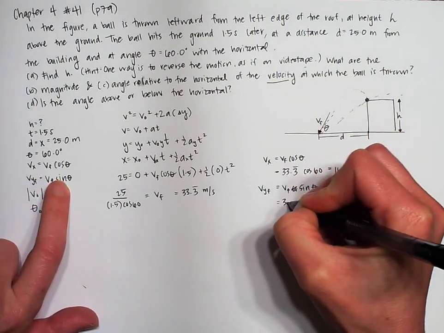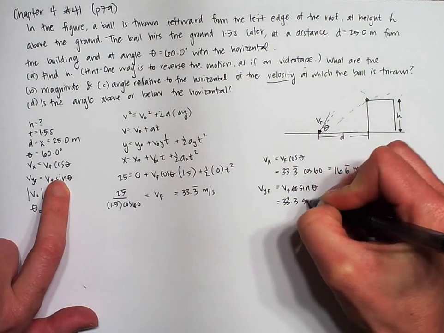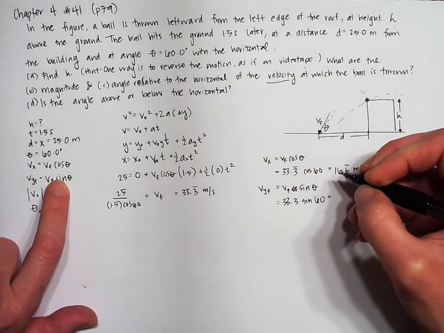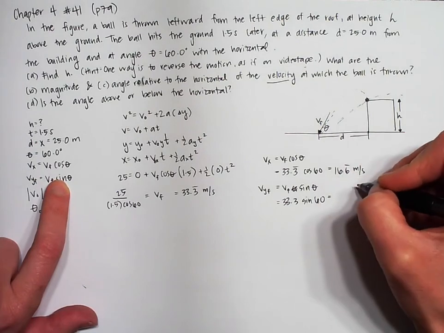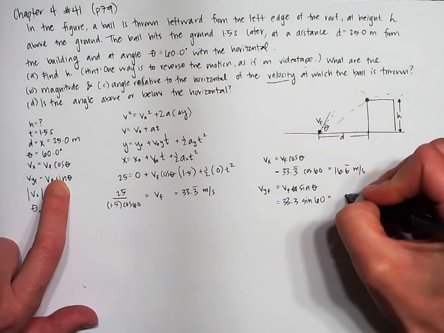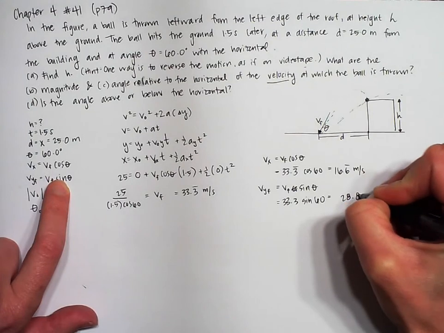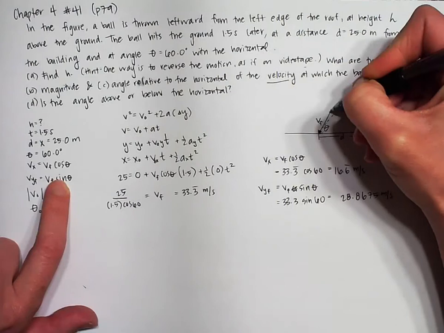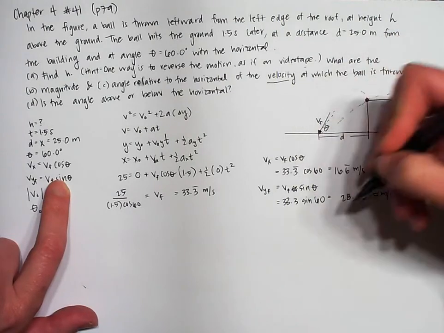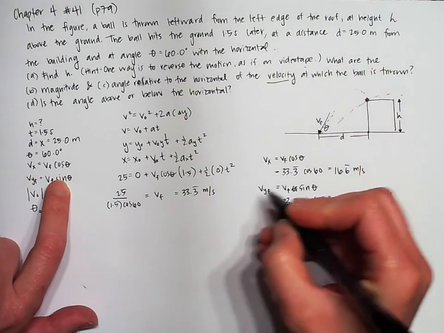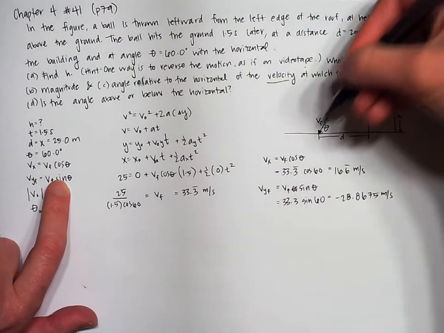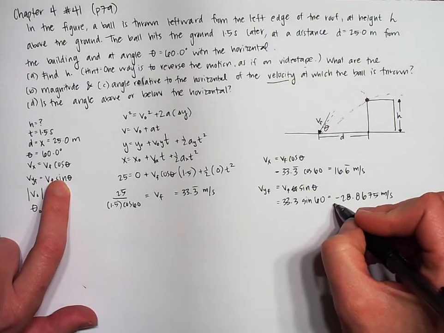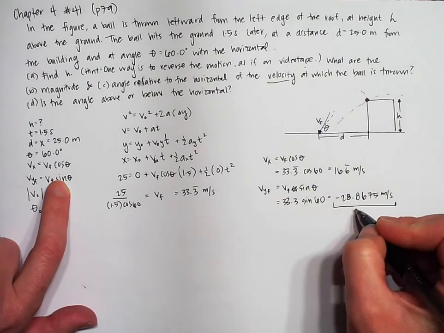So that's 33.3 sine 60, and that will equal 28.8675 meters per second. Since we're going down, I know that this is a negative velocity. Technically, this 33.3 should also be negative, but we're just considering the directions here. So I have my Vy final right there.